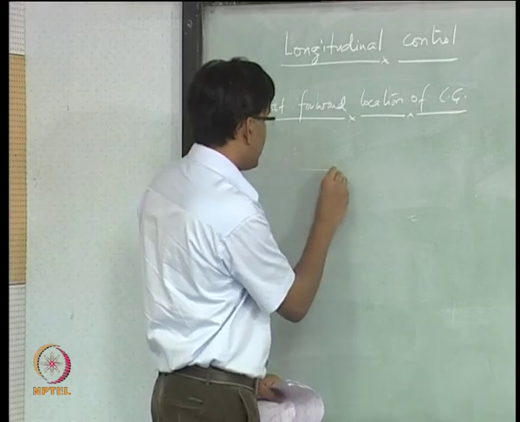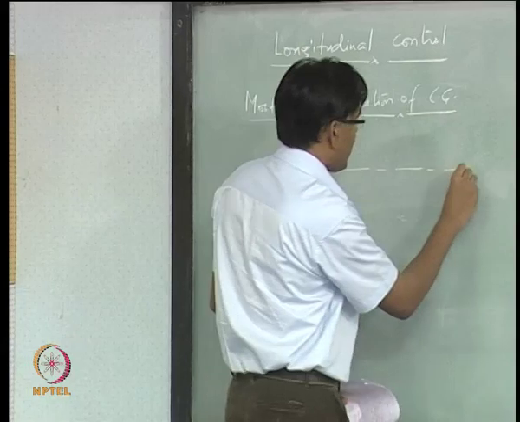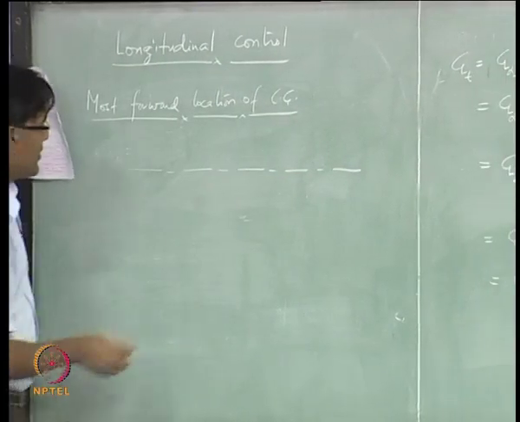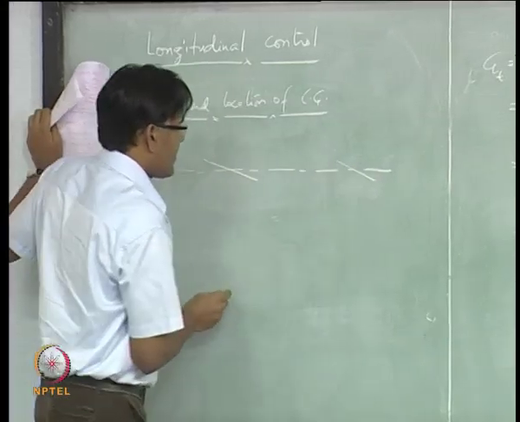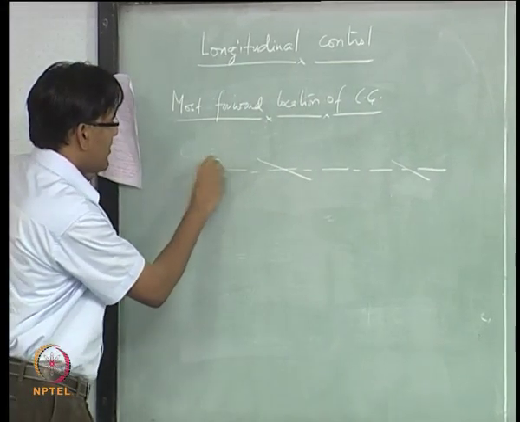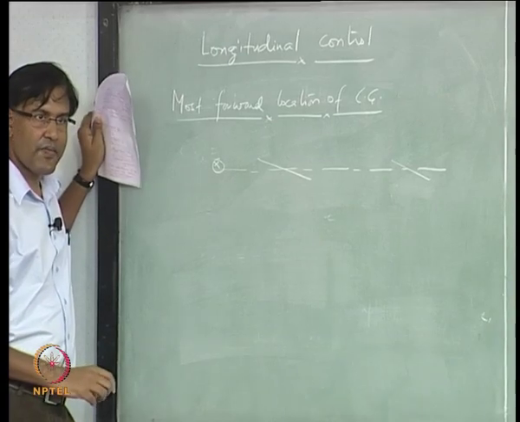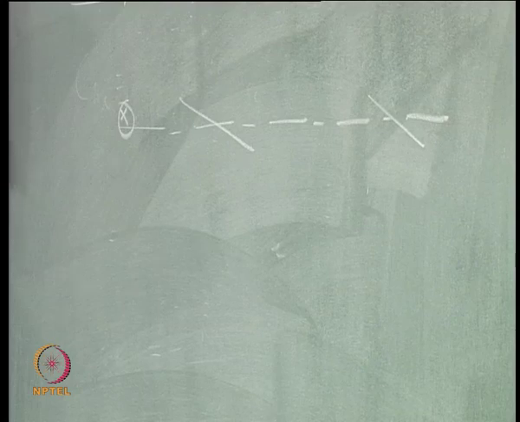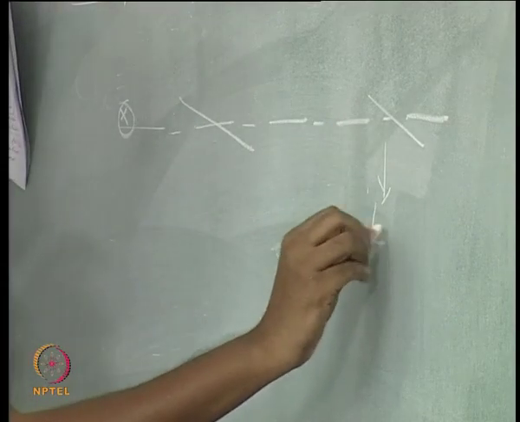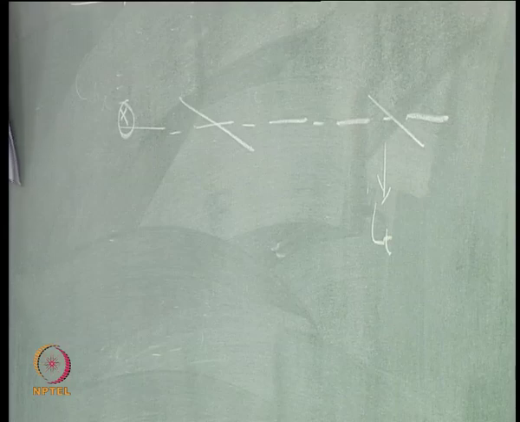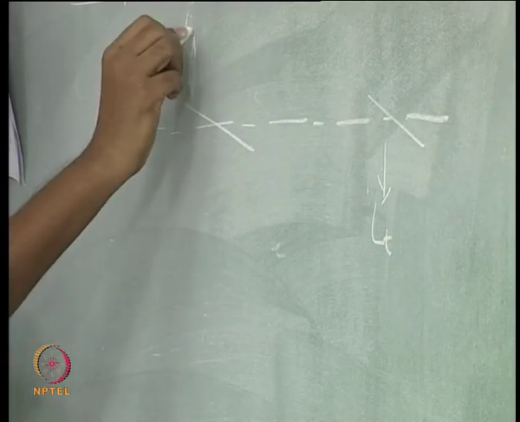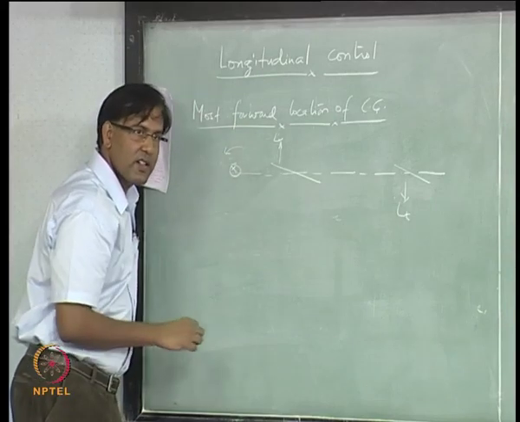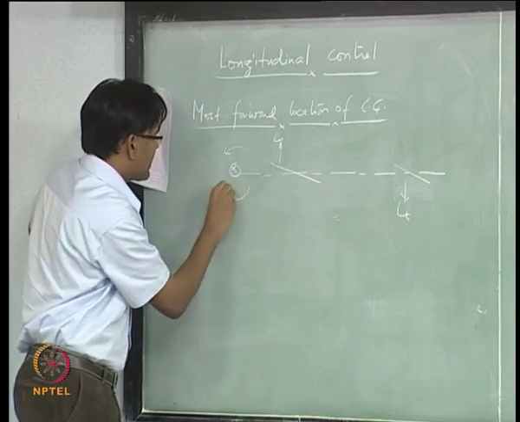So CG is now here, right. Now, definitely I have to produce a lift at the tail which is downward, and this is going to create a moment about CG like this, and this opposite.